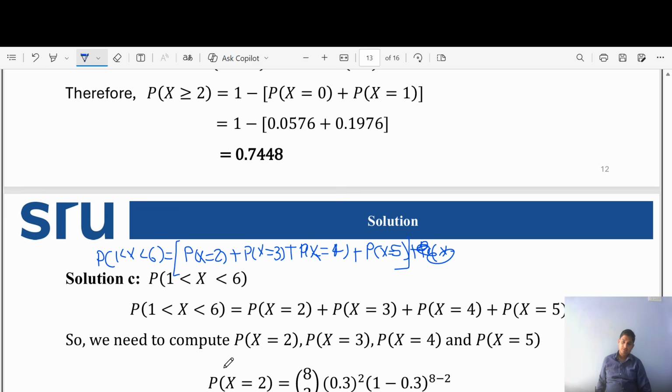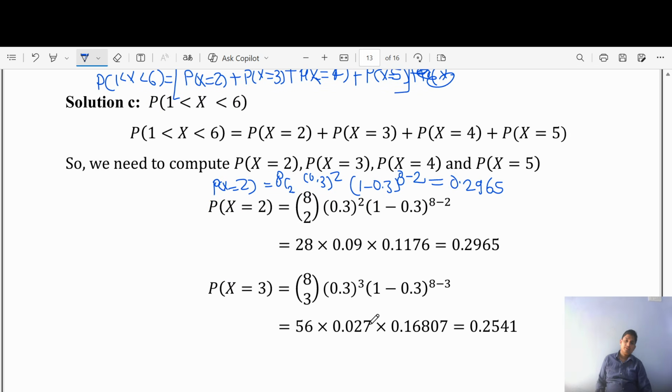So P(x) equal to 2 means 8C2, 0.3 to the power 2, and 1 minus 0.3 to the power n minus k. n is 8 and k is 2, so this is 8 minus 2. So you put the values and evaluate: 0.2965. Similarly for the case P(x) equal to 3, what is the formula?